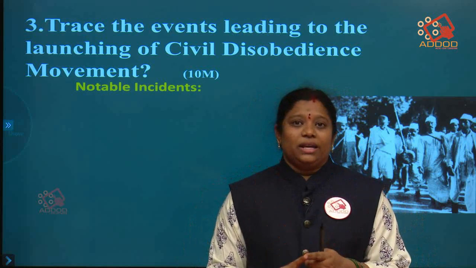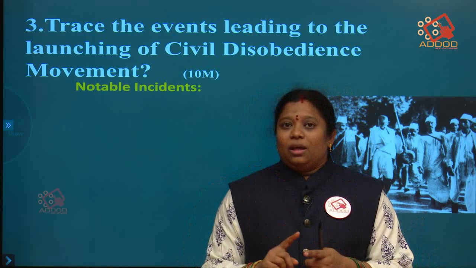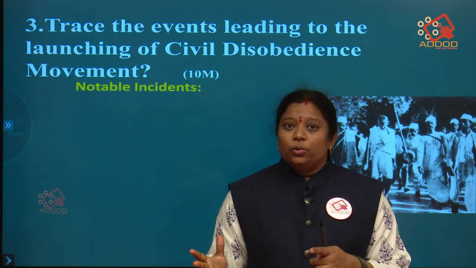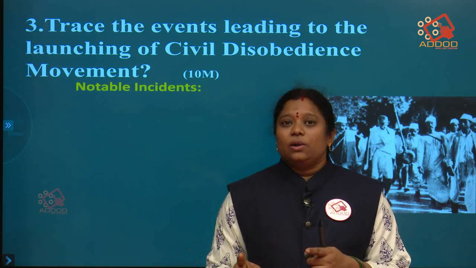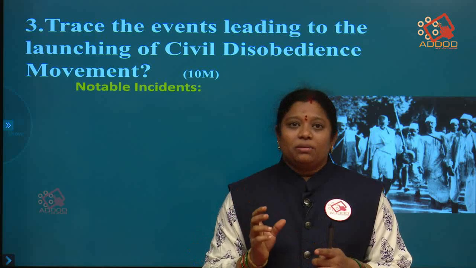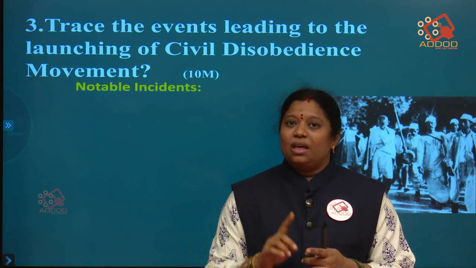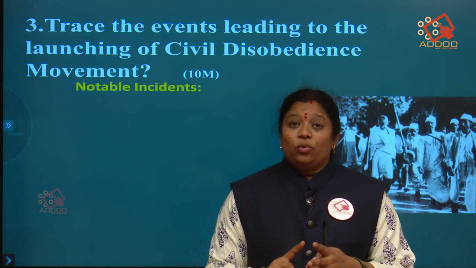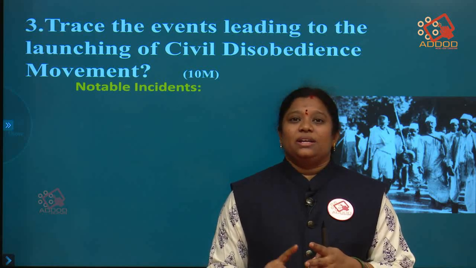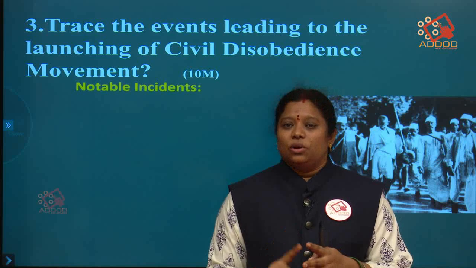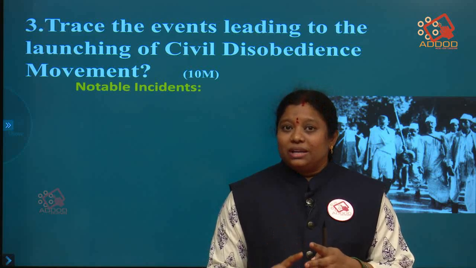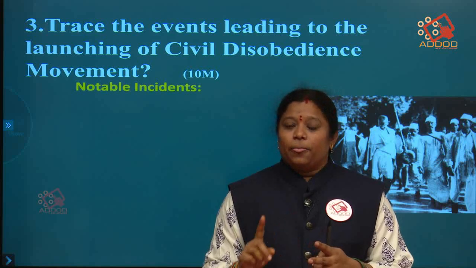Britishers started taking taxes from the people on all goods, especially on salt also. Salt can be prepared easily as we are surrounded by seas as well as oceans, and it is low cost. But the Britishers started collecting taxes on this salt also. So Gandhiji wanted to deny these salt taxes, first thing.